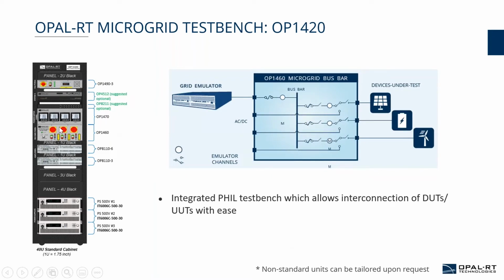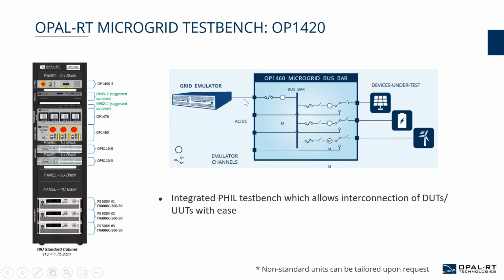An important component in the test bench, which I briefly touched upon in the previous slide, is the OP-1460 bus bar. And with this, we can essentially see how we can go about compartmentalizing hardware implementation. Let's assume that you have a large microgrid which consists of multiple hardware equipment. You can either have all hardware equipment that are available in real hardware and test it to an emulated grid.